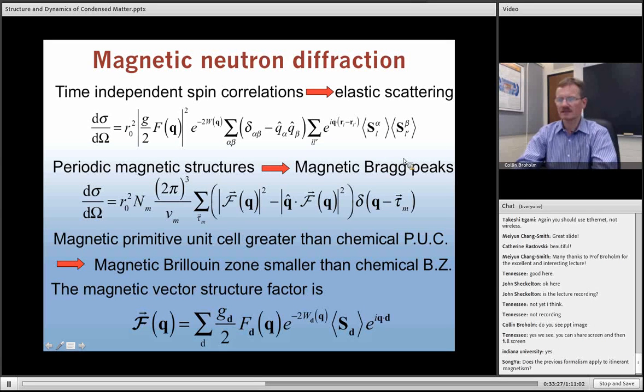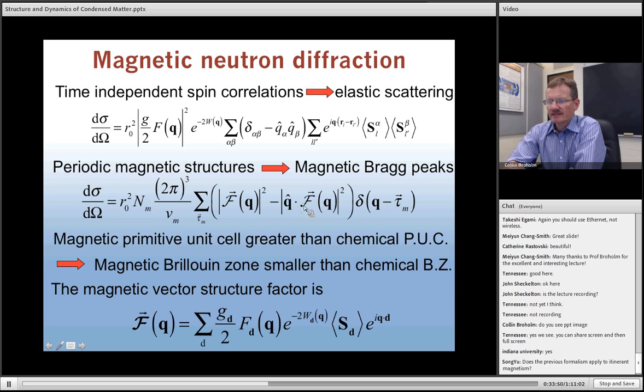That's what I'm measuring in my diffraction. Not a big surprise, since that's similar to the story when we diffract from the nuclei. Now if I have a periodic magnetic structure, then I'm going to end up with magnetic Bragg peaks.